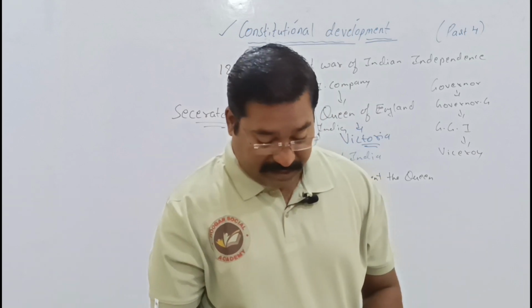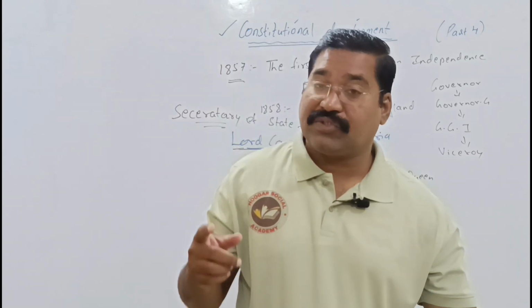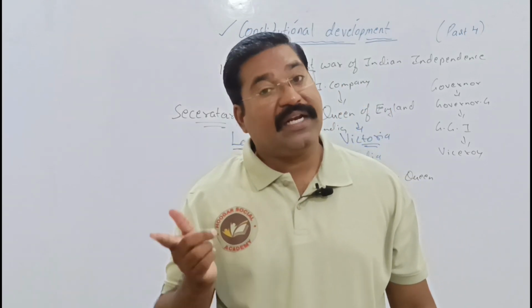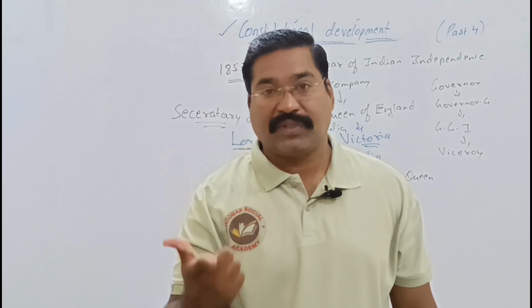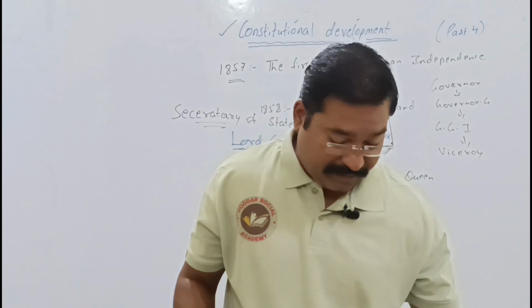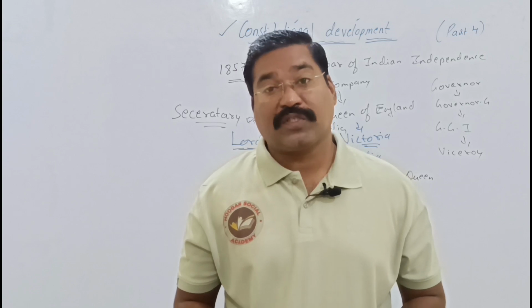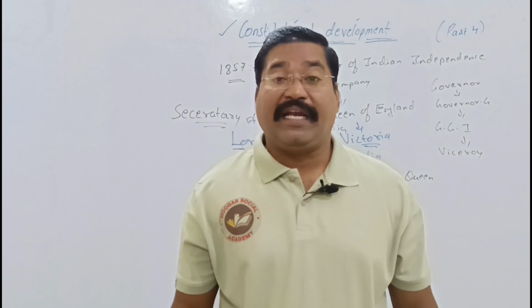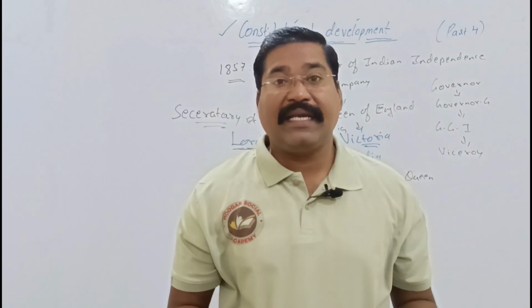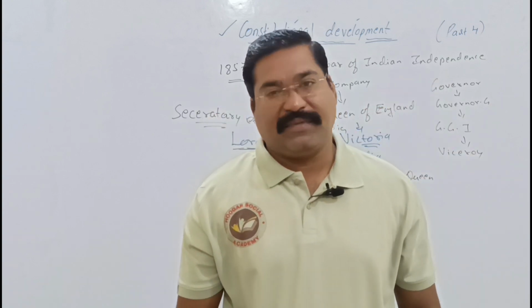This Secretary of State for India will assist the Governor General, and will also give reports to the Queen. Moreover, during this time a Council of India was also made, to make Indians participate in the administration.